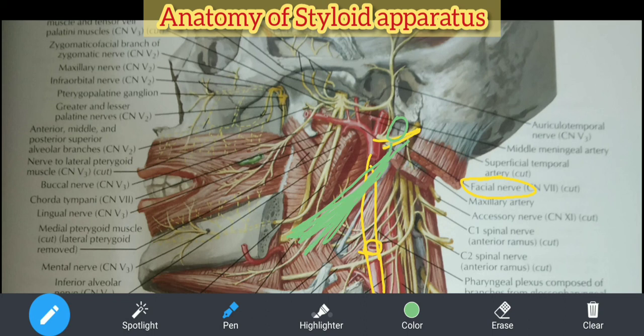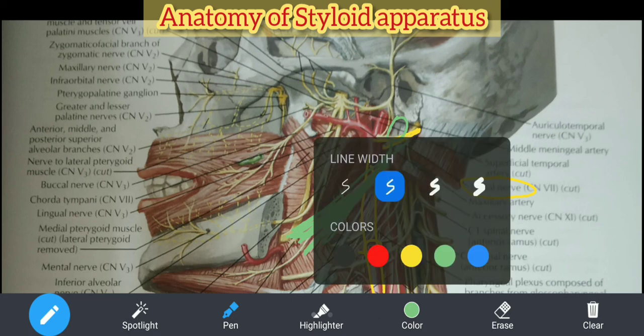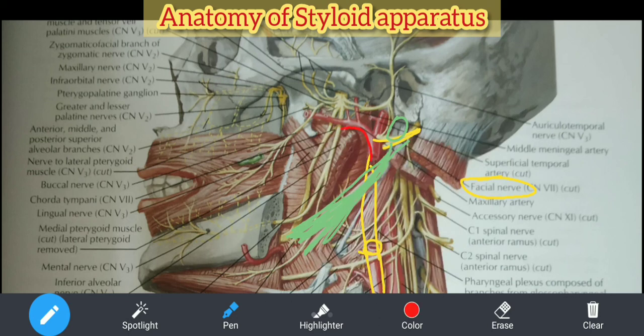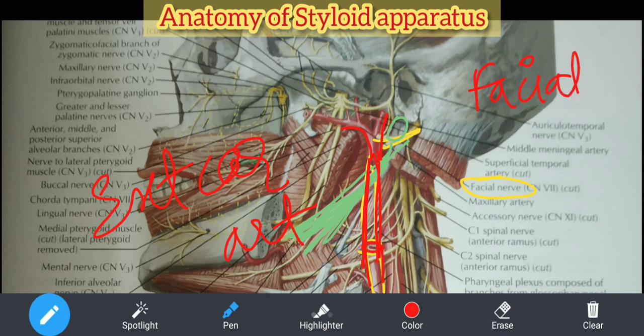Now if you see this carotid artery, I am showing it in red now. This is the external carotid artery. This is the cut end. So this external carotid artery is having relation with this styloid process. So external carotid artery and facial nerve, they are related this way.